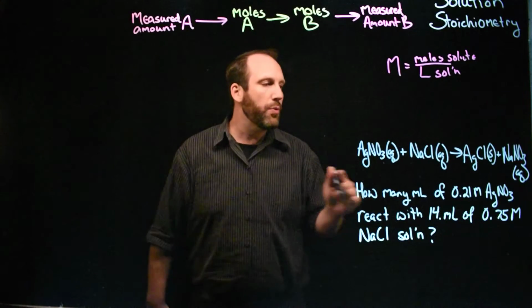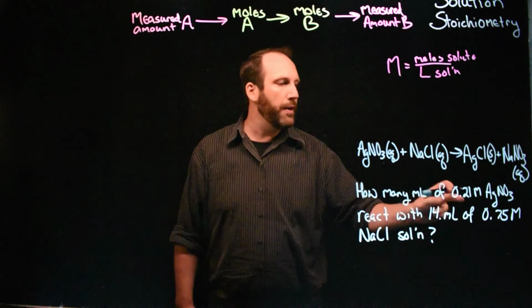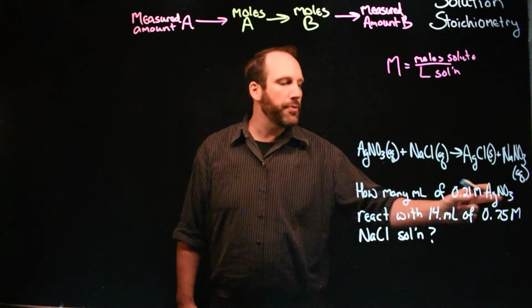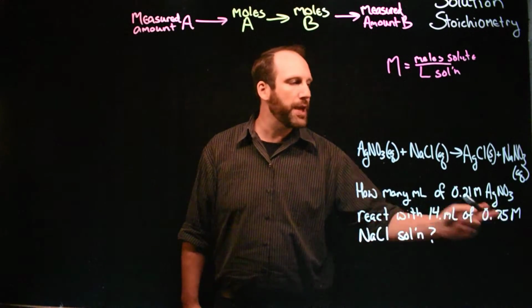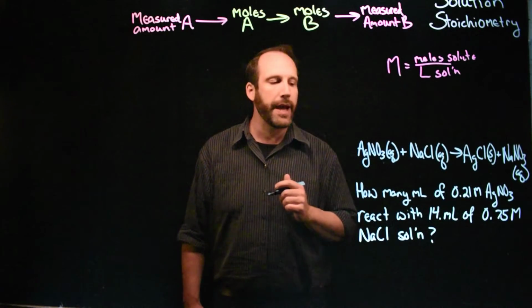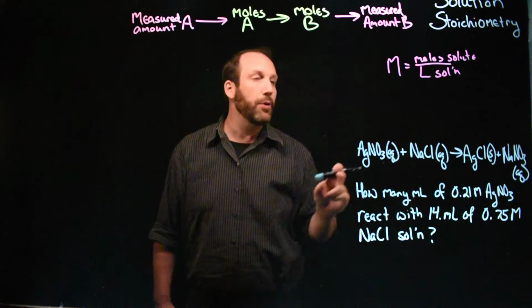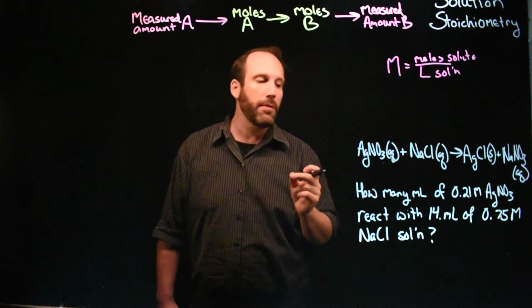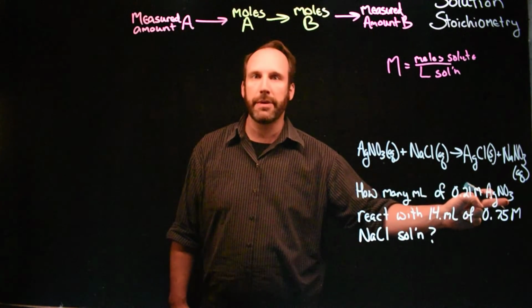All right, and so the question is, how many milliliters of an AgNO3 solution react with 14 milliliters of a 0.75 molar NaCl solution? Okay, so what's going to be our A and B in the roadmap? Well, B is what we're looking for, right? And so we're looking for a volume of AgNO3 solution.